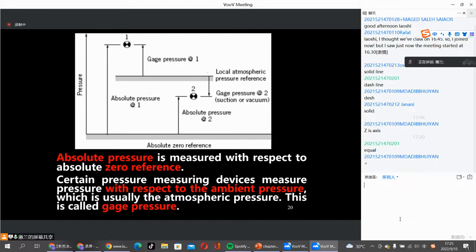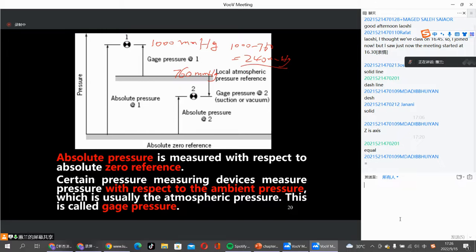For example, if the local atmospheric pressure reference is 760 millimeters of mercury, and at point A the absolute pressure is 1,000 millimeters of mercury, then the gauge pressure for point A should be 1,000 minus 760, which is 240.